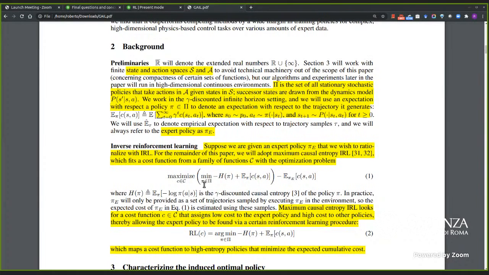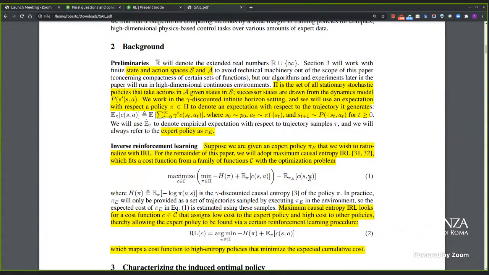So you can already see a bit how this is going in the direction of adversarial training, right? Because on the one hand, we have something that is trying to do its best to minimize this cost function, and on the other hand, we have something that is trying to find a cost function for which every policy that you can find will be in a difficult situation, because this cost function has to best explain the policy of the expert.